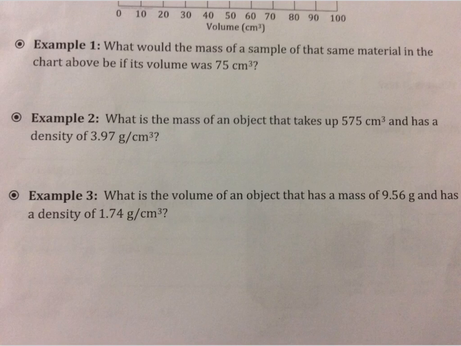All right, below that, I got a couple of example problems. Example number 1. What would the mass of a sample of that same material in the chart above be if its volume was 75 centimeters cubed? Okay? I want to refresh your memory on exactly how I define density. So the density here is 7.5 grams per centimeter cubed.